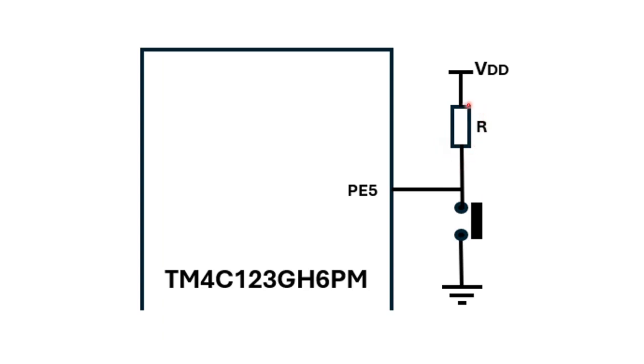So we have a resistor R, one end connected to VDD. The other end of the resistor is connected to PE5 of the microcontroller, that is port E bit 5, and the other end of the resistor is also connected to one end of the push button switch, and the other end of the push button switch is connected to ground.